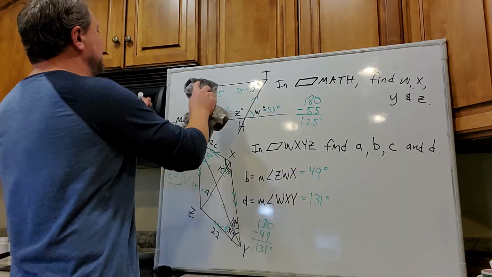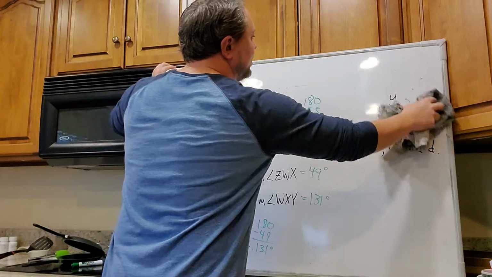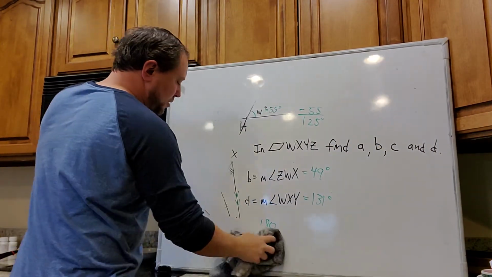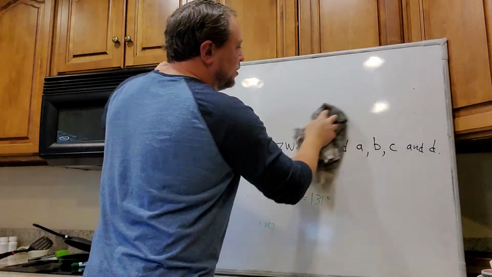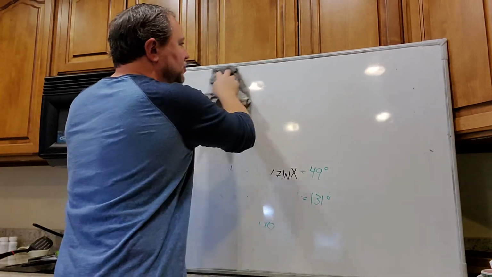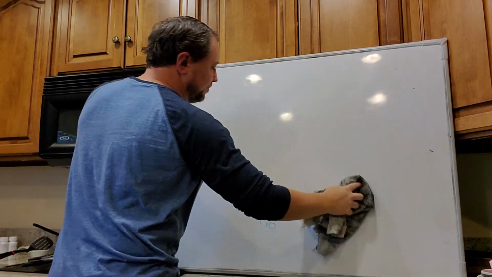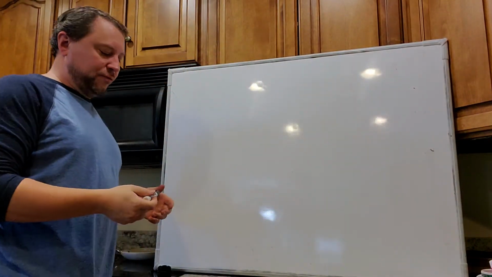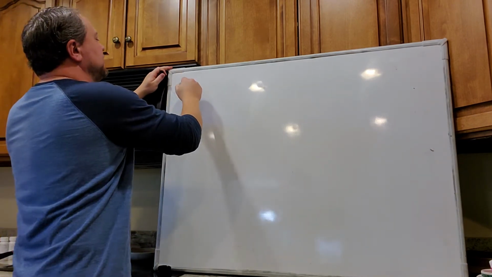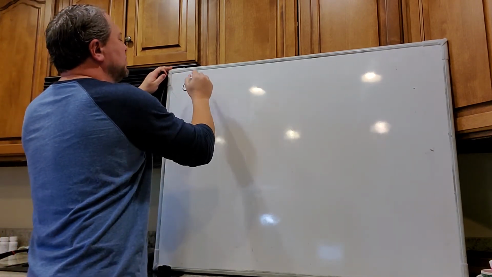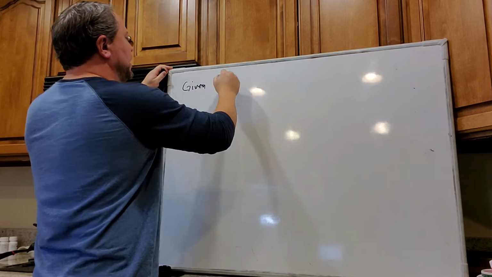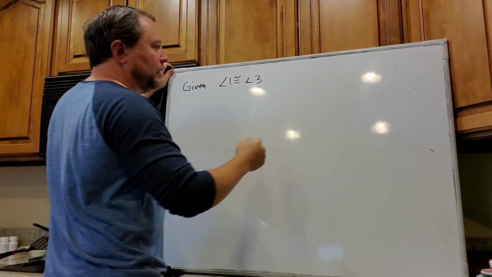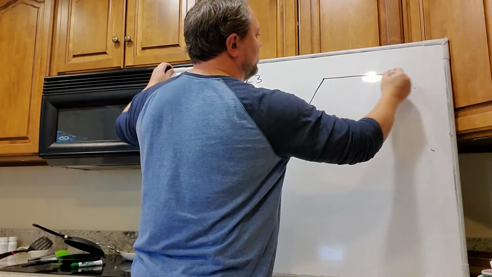Some other things I want to try here yet before I call it a day. Would be a problem where you're going to have to do maybe some explaining. It's not a proof, but they might say something like this. If I were to give you that angle 1 is congruent to angle 3, here, let's make a picture over here too.